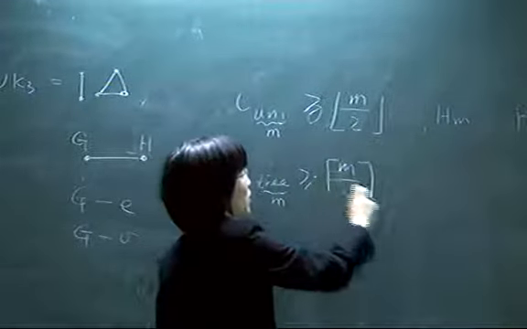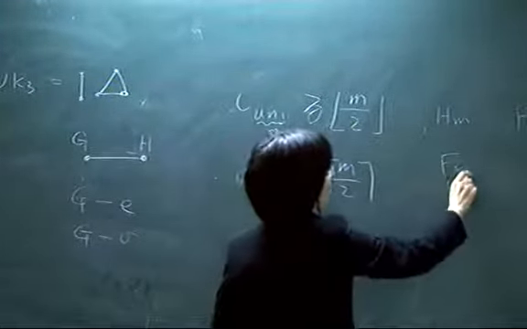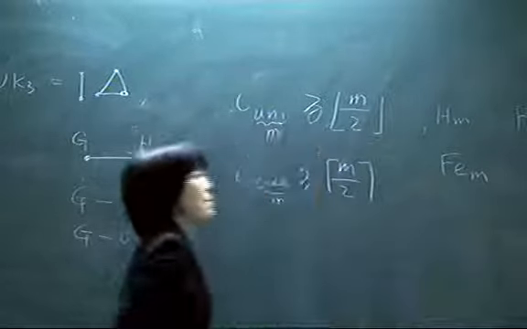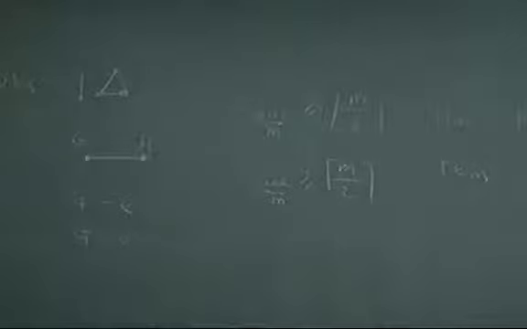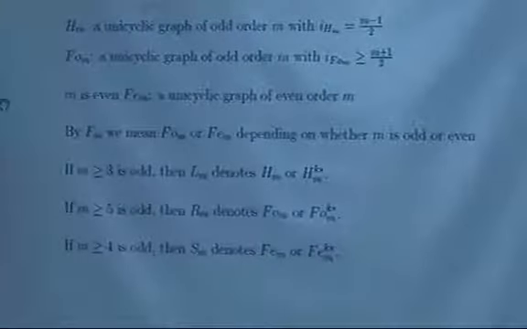And if m is even, I just denoted everything by F_even m. Also, I sometimes use the notation F_m just to mean F_om or F_em.